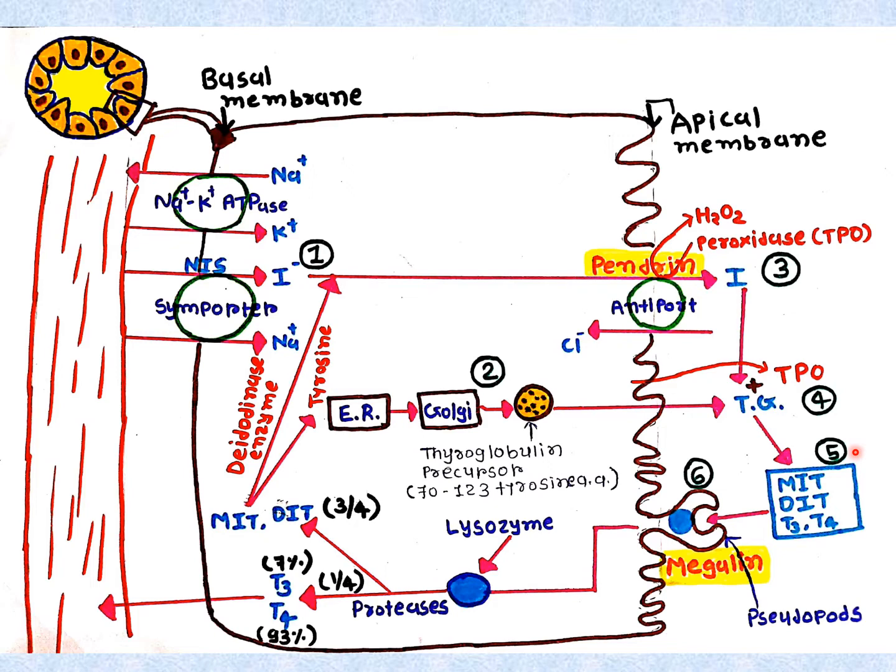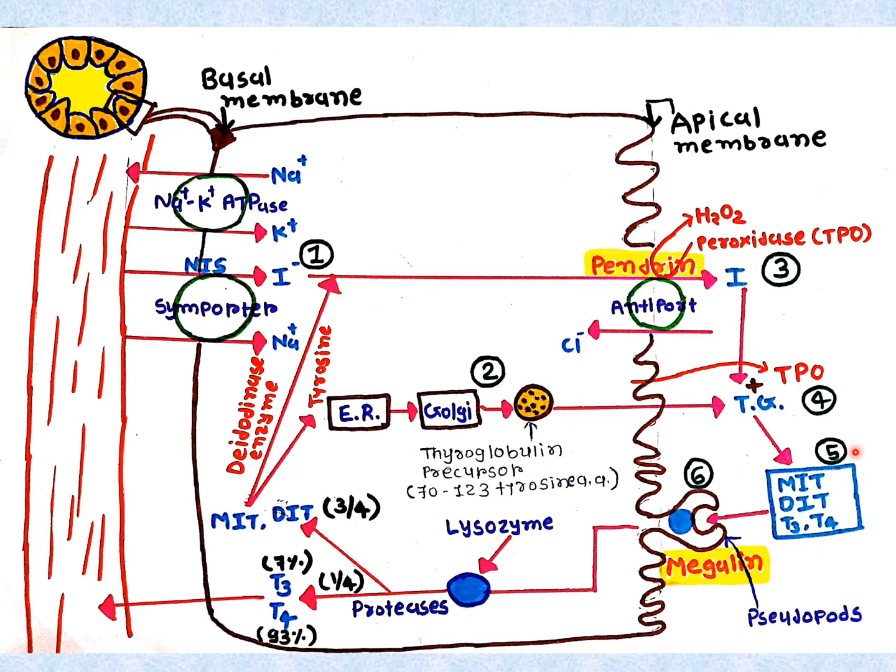So basically tyrosine amino acid binds with a single iodine to make monoiodotyrosine. Now this monoiodotyrosine binds with one more iodine to form diiodotyrosine, DIT.